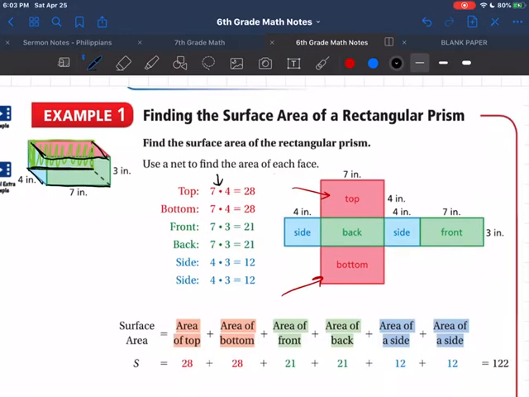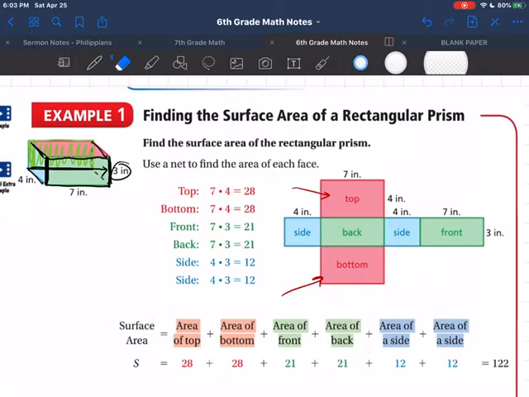So this back here is the same as this, and then the width is this line right here, right? Which corresponds to this side over here, which is 3. Right, so length times width, 7 times 3. So the green is 7 times 3, or 21.